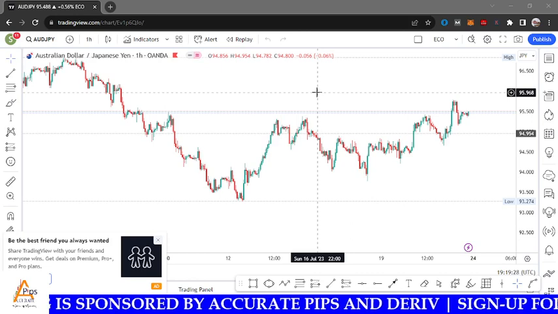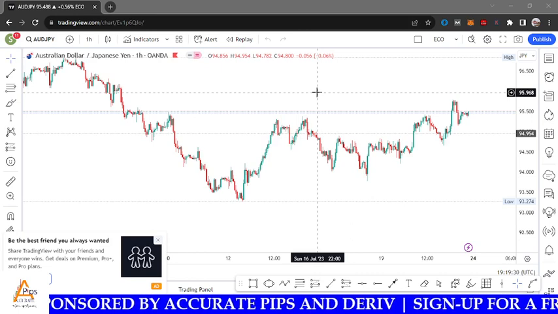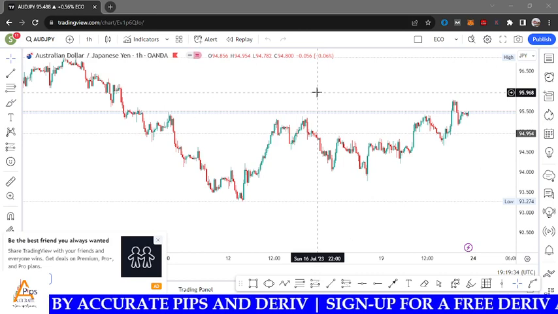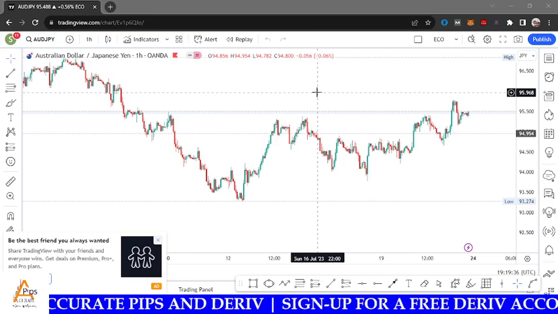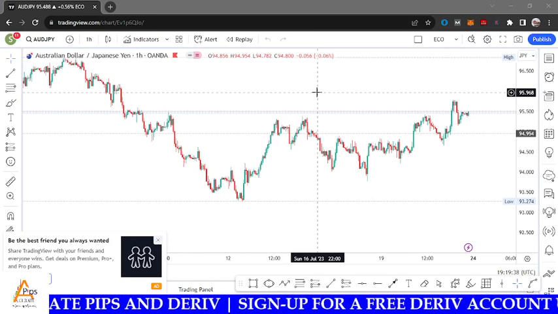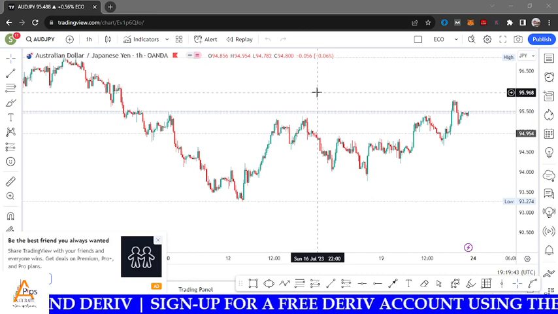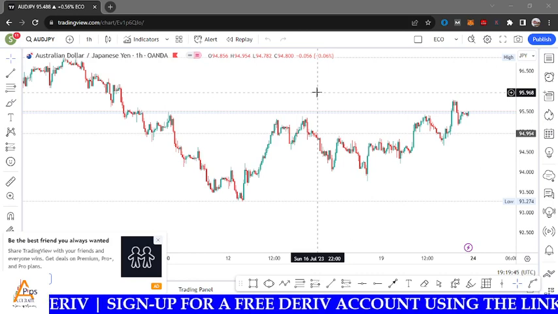All right. Now let's look at the rules for identifying a bearish order flow, and also the rules for identifying a bullish order flow. So let's look at the bearish order flow first.